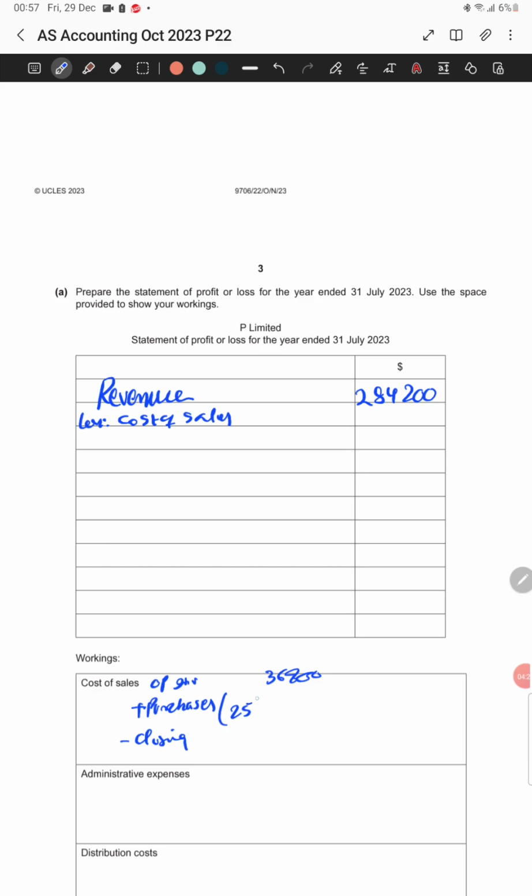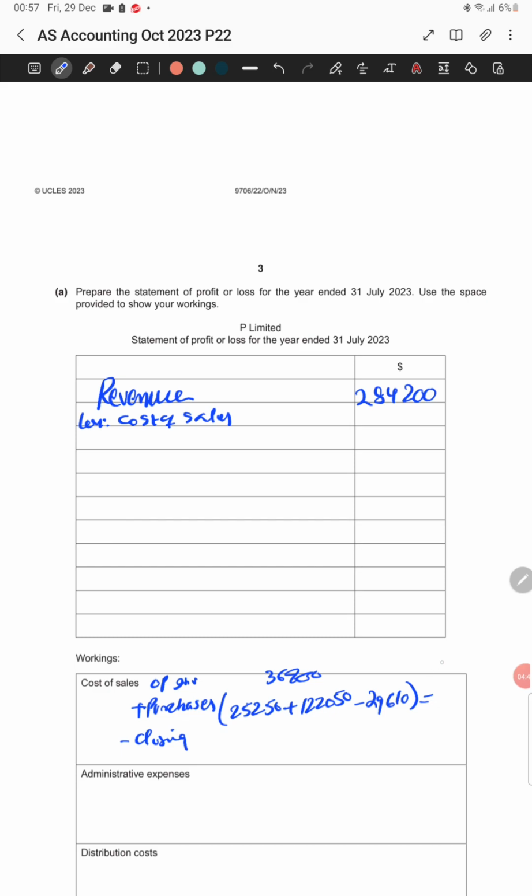So 250 plus payment is 122,050 minus ending payable 29610.